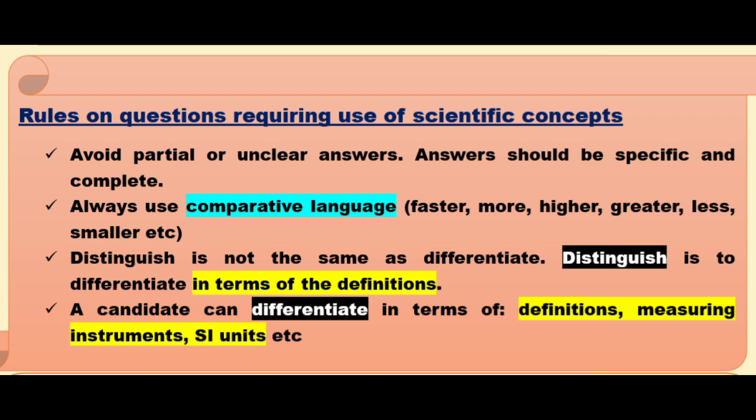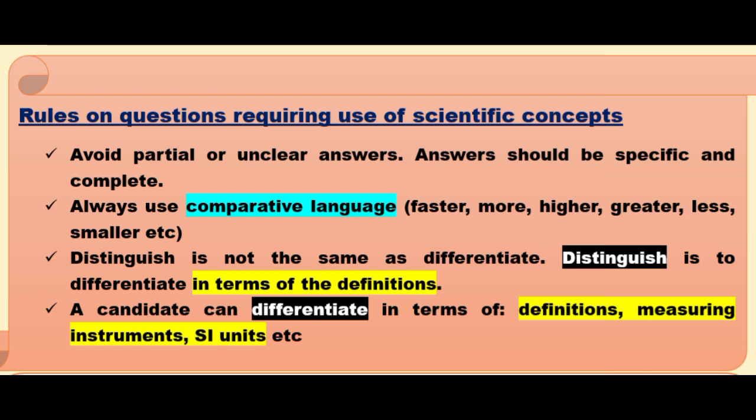Then distinguish is not the same as differentiate. Distinguish is to differentiate in terms of definitions. So we are saying when you are distinguishing, you are using definition. For example, distinguish between mass and weight.